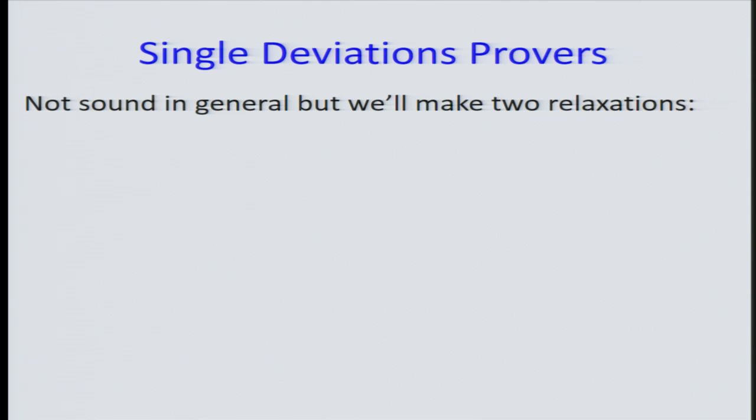And so this is not going to be sound in general, but it will lead us to a good solution if we make two very serious relaxations. Later on we'll see what to do with them.